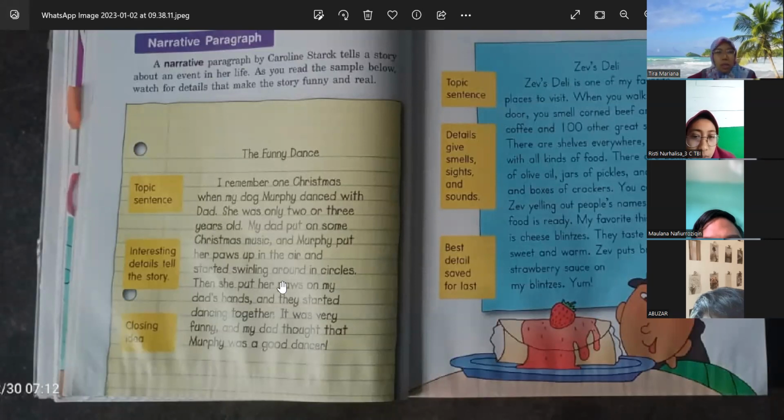Okay, good. And then the next detail is, the author gives detail about how his dad started to set the dance. And then she put her paws on my dad's hand and they started dancing together.